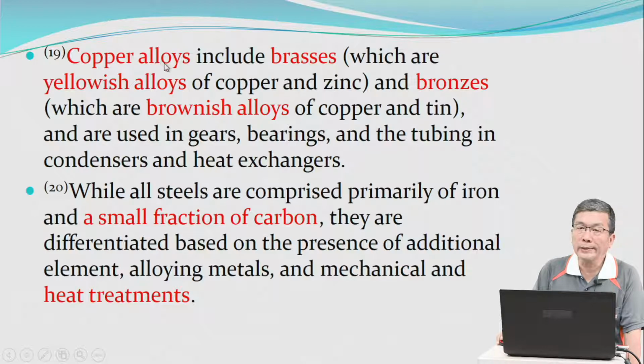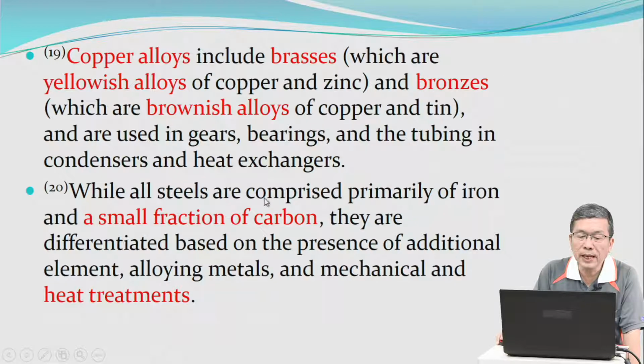Copper alloys include brasses, which are yellow alloys of copper and zinc, and the bronzes, which are brownish alloys of copper and tin, and are used in gears, bearings, and the tubing in condensers and heat exchangers.